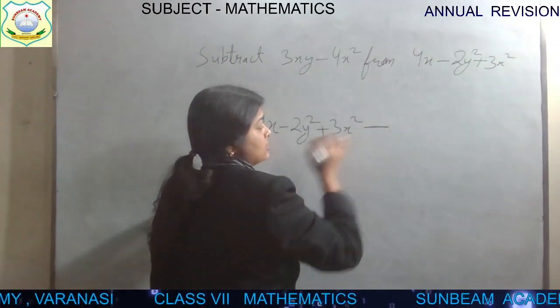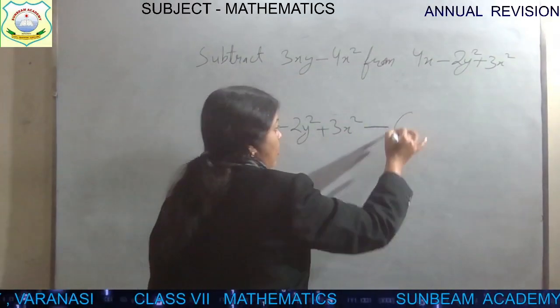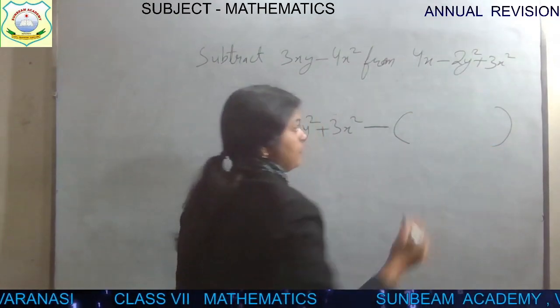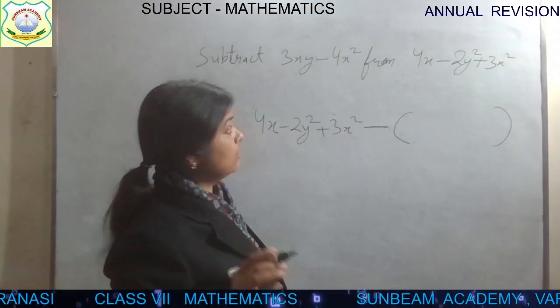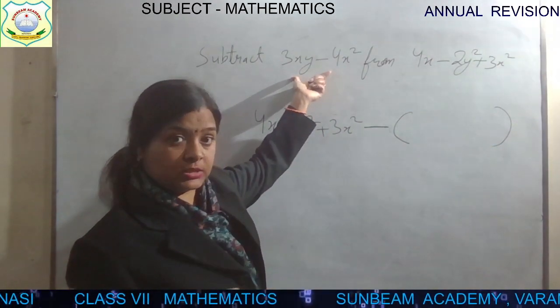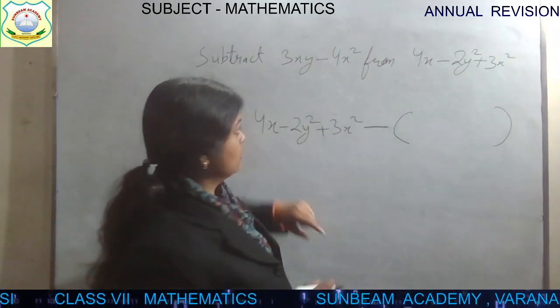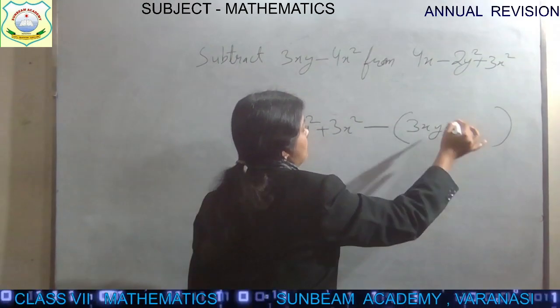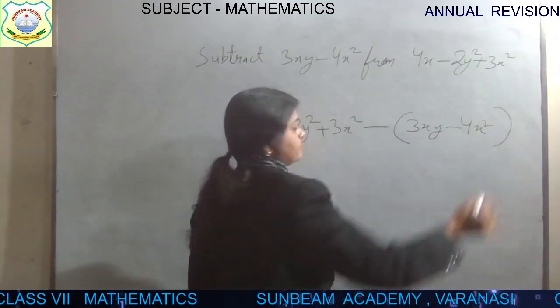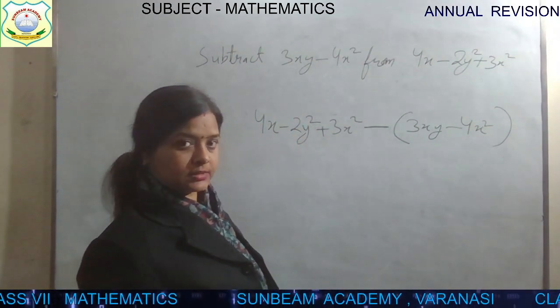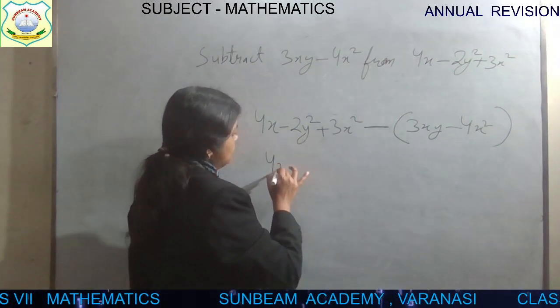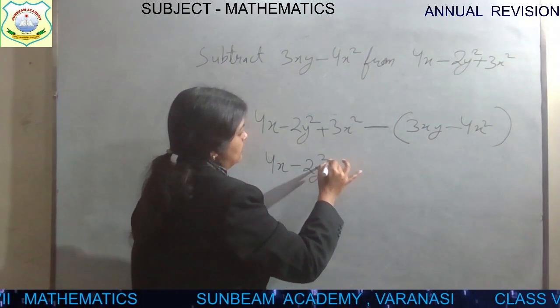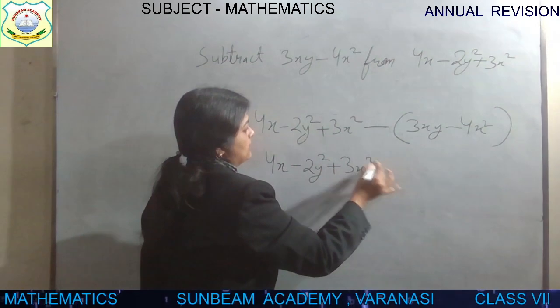So put the subtraction sign. Then always begin with a bracket. Always keep the particular expression which has to be subtracted in a bracket, children. So this is 3xy minus 4x square. Now we will start opening the bracket. So till here it's all the same.